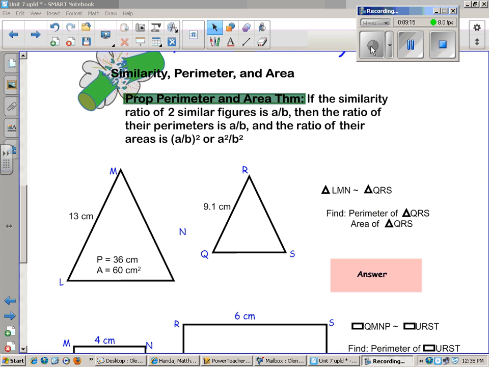So, rewind. The proportional perimeter and area theorem compares two similar figures, and you can calculate the perimeter and the area based on the similarity ratio. And what's a similarity ratio again?